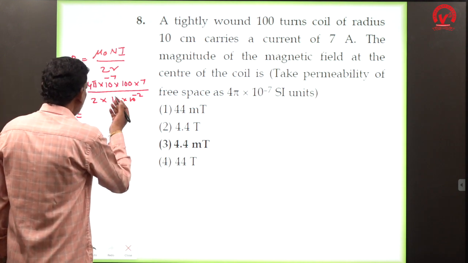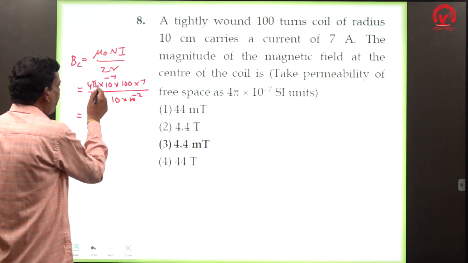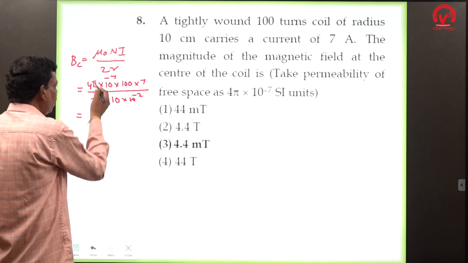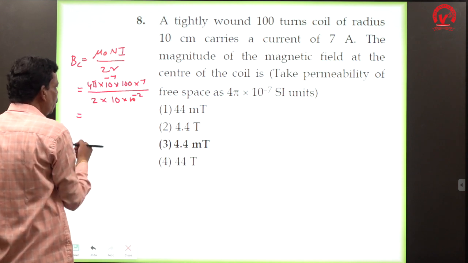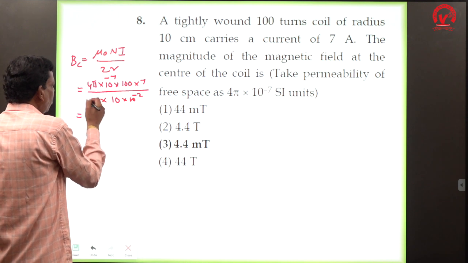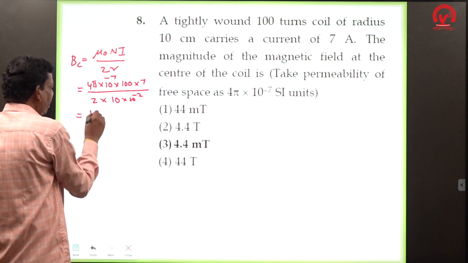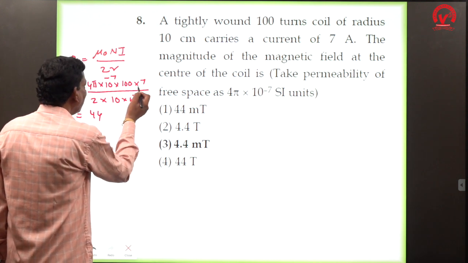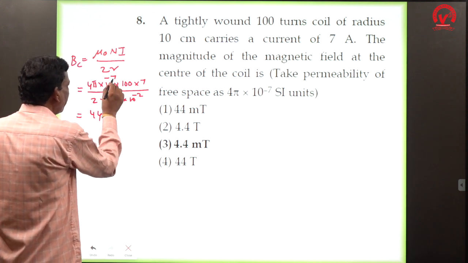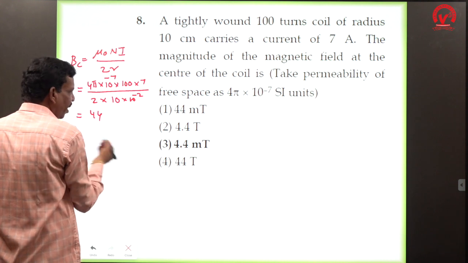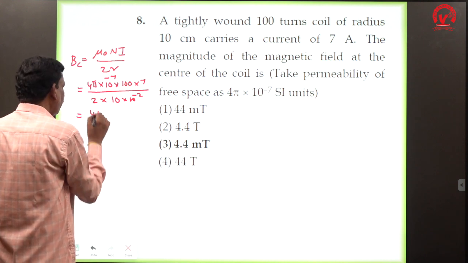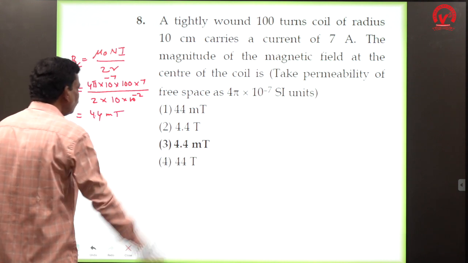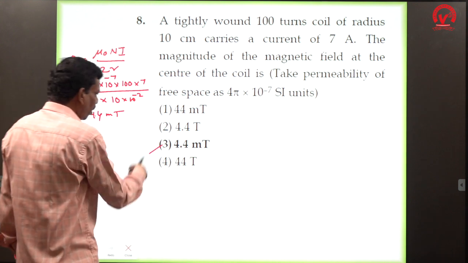Now you have to write pi as 3.14 or 22 by 7, whichever; 7 gets cancelled, 22. Here we have 4 ones there, so we get 44. Here 10 power minus 2 minus 5, that is 2 minus 3. So we have millitesla. Third option is correct.